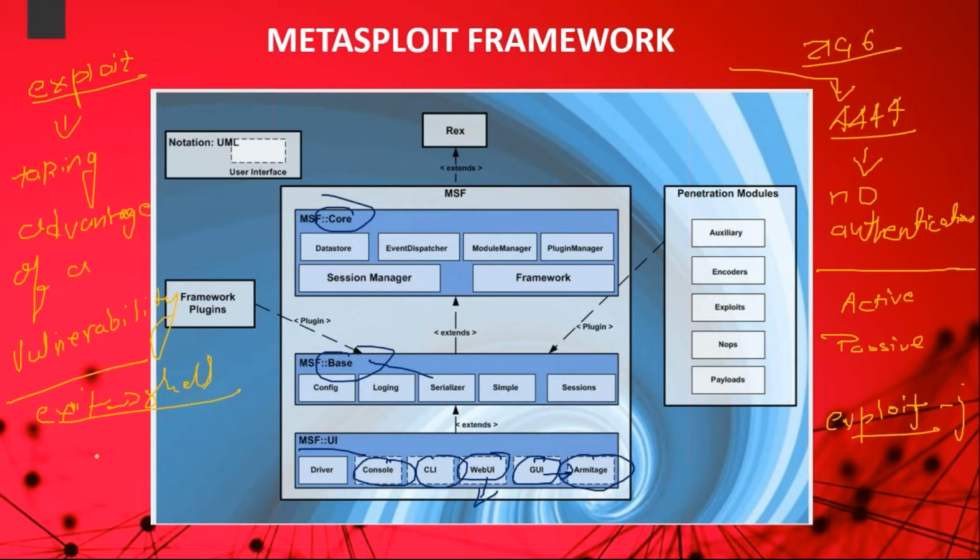That is an active exploit. We can do the modification of messages when we are doing the active attacks or active exploits. And in passive, the information that you are sending or that you have filled will remain unchanged.